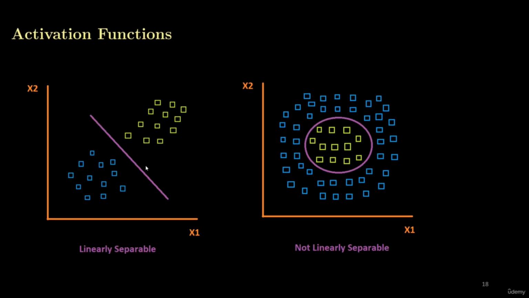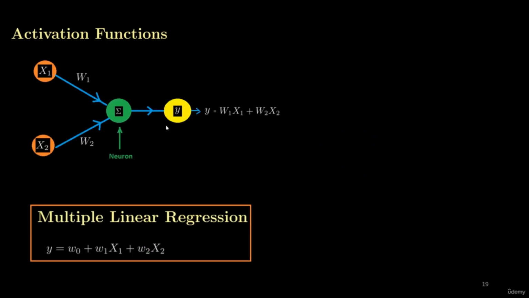Here we have a simple condition where the dataset is linearly separable. Here the dataset is not linearly separable. Therefore, in this case, we need an activation function in the neural network. If we look at the equation of the neural network without the activation function, the output is W1x1 plus W2x2.